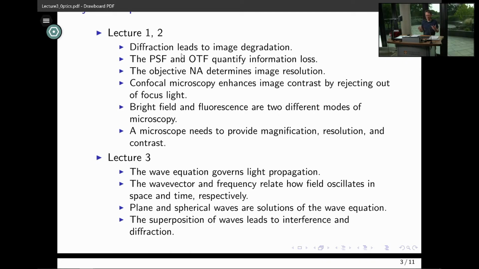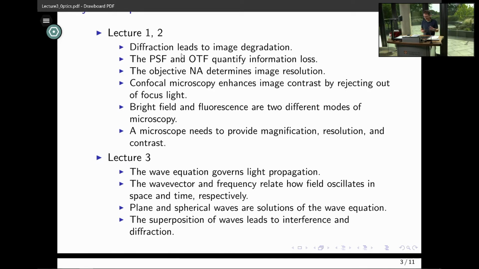I talked about microscopes, what they look like, and we talked about two techniques that are frequently used. The bright field microscope, where you get a low contrast because of the background that's produced by light that isn't refracted and isn't containing information, and fluorescence, which gives you very high contrast because the light that doesn't generate a fluorescent signal doesn't make it to the detector because of the different color, which you can filter out.